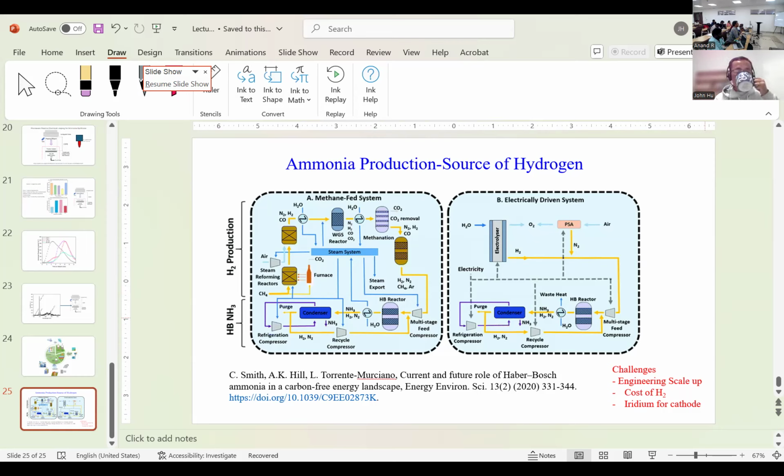Sir, before we discussed the kinetics, the activation energy for the reaction. Activation energy is decreased by introducing chemical looping as well as plasma catalysis or microwave catalysis concepts.